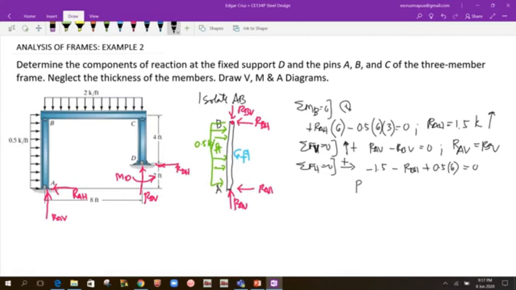From here we could solve for RBH. By symmetry, it would just be the same as RAH. That would be 1.5 minus 0.5 of 6, so that would be 1.5 also.